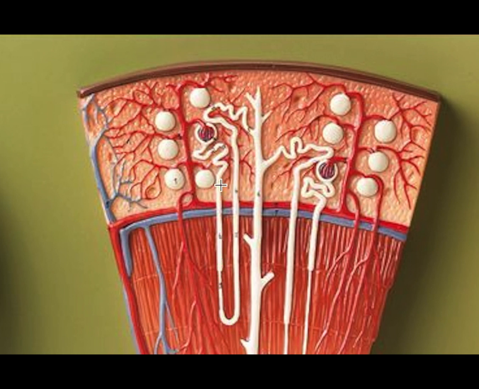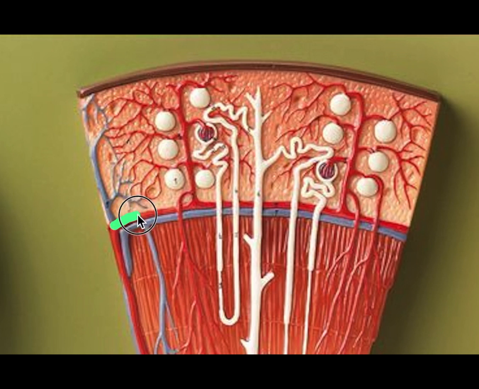This is the descending loop here, and the ascending loop here. This is the distal convoluted tubule emptying into the collecting duct here. And so these are complete capsules, the ones that are total, you can see the white on the outside, and these ones you can see a cross section of the capsule so that you can see the glomerulus on the inside.